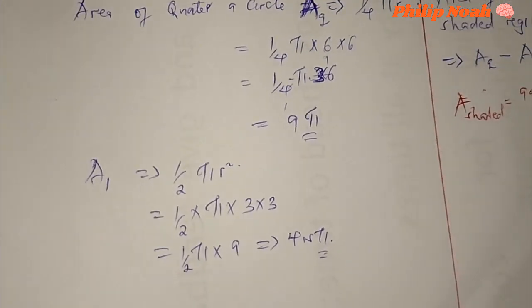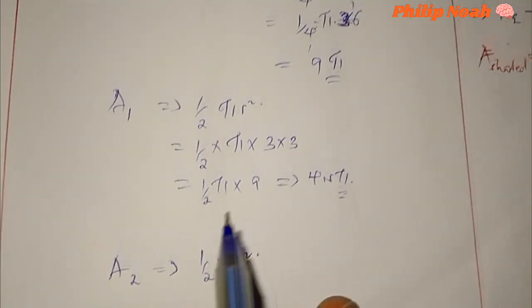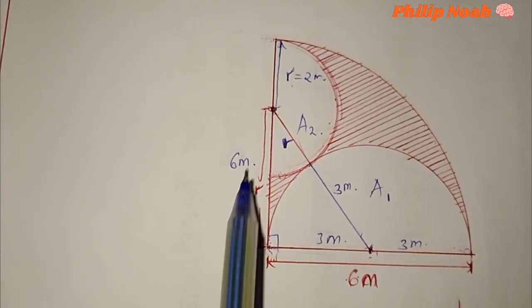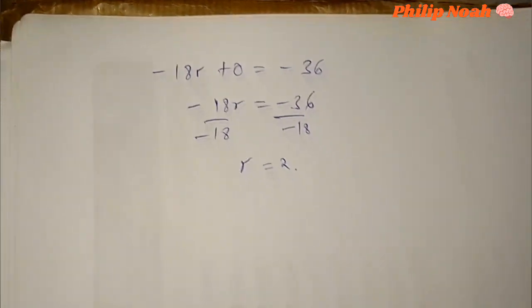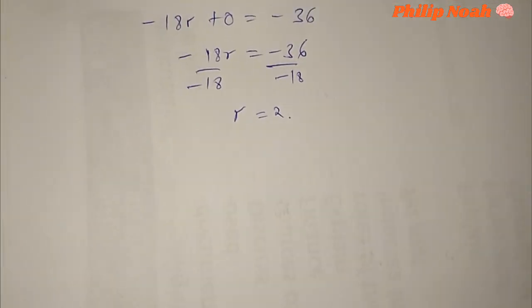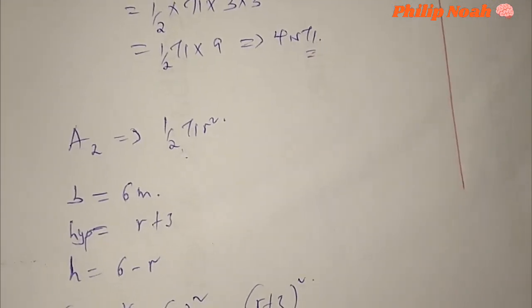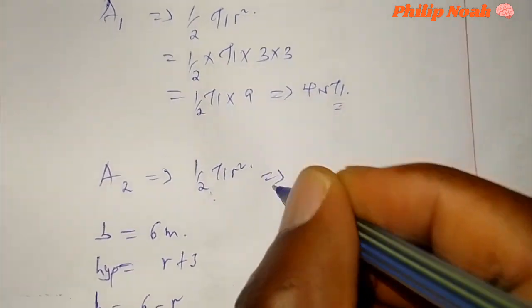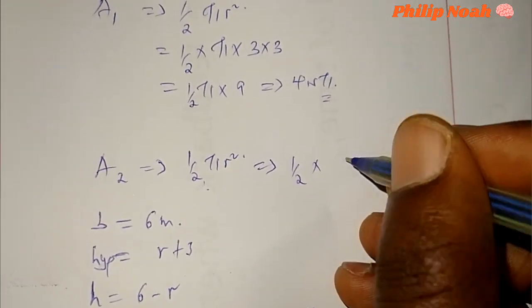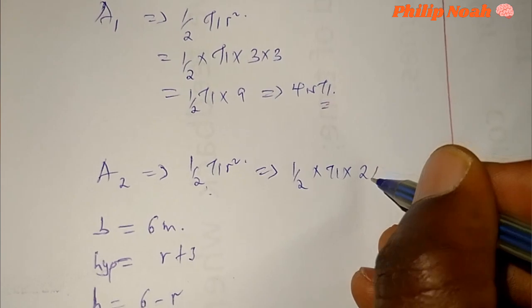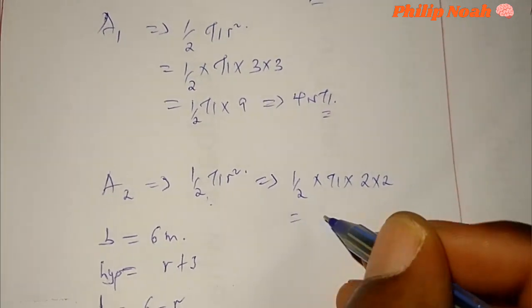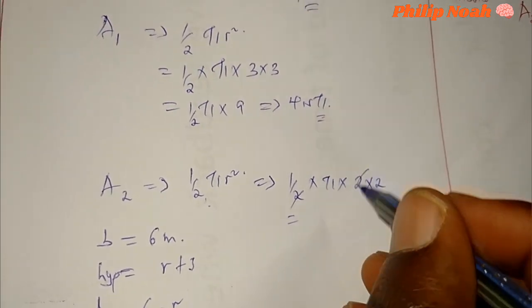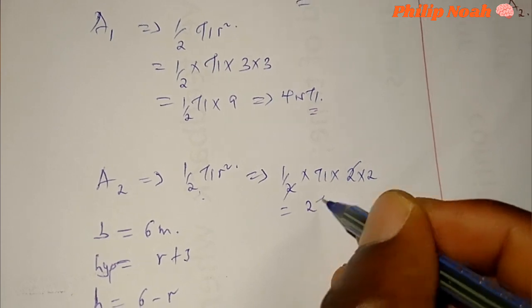So we can solve the area for this semicircle. Say that area is equal to a half times pi times radius 2 times 2. We get 2 pi.